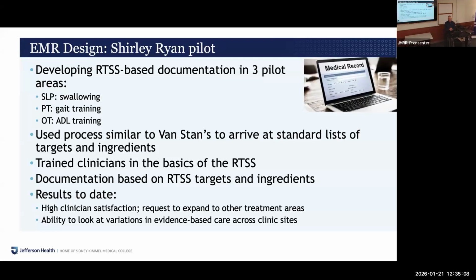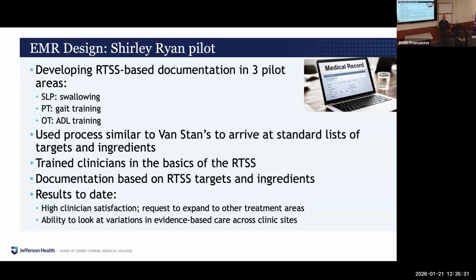So the lead up to this was enormously complicated and demanding and not something that most institutions are going to go through. So thank goodness for Shirley Ryan, because they pulled all the research literature about treatment in this area so that they could sort of get a preliminary list of possible targets and ingredients.